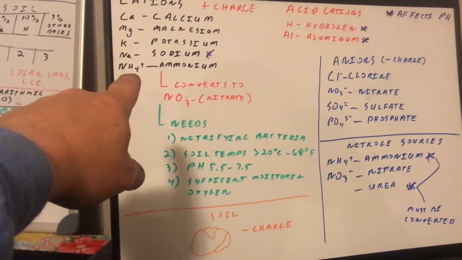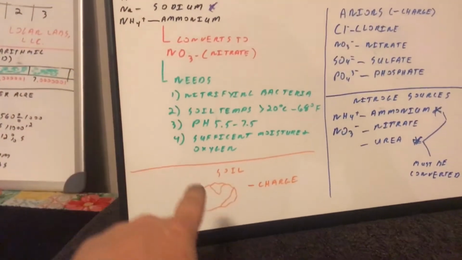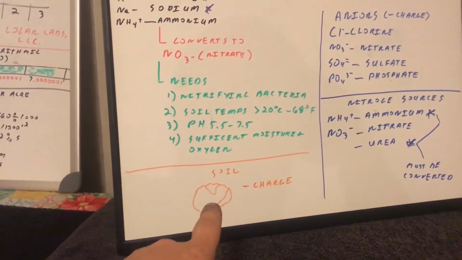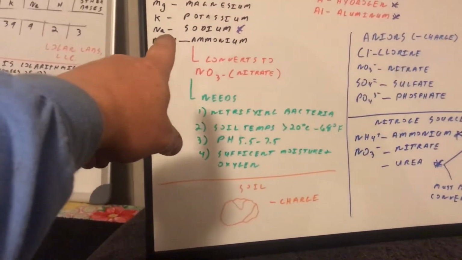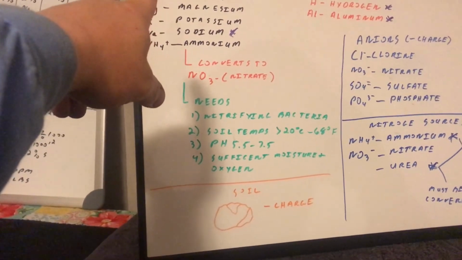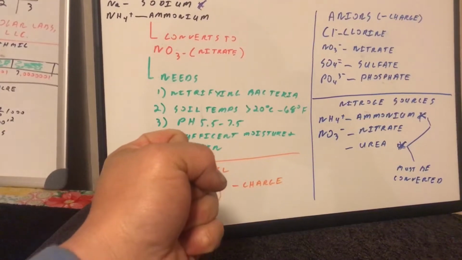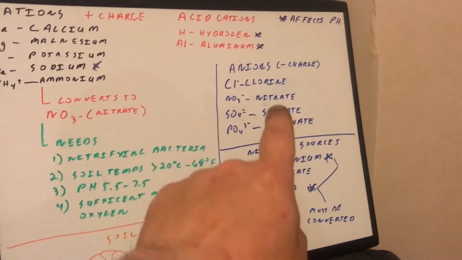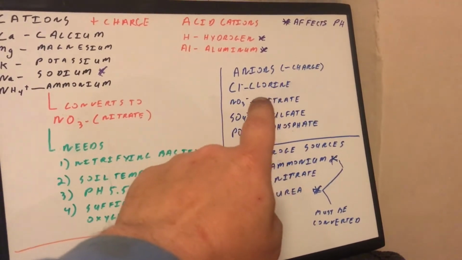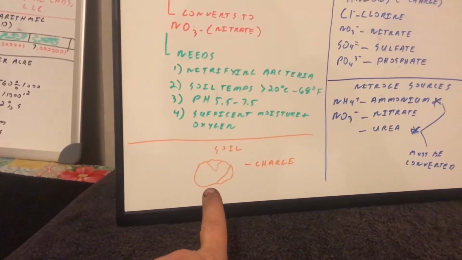Now, these all have positive charges, where your soil, as I told you in one of the previous videos, has a negative charge. That means they can bind together and stay together, whereas the anions, which are negative charge, chlorine, nitrate, sulfate, phosphate, do not attract to the soil.